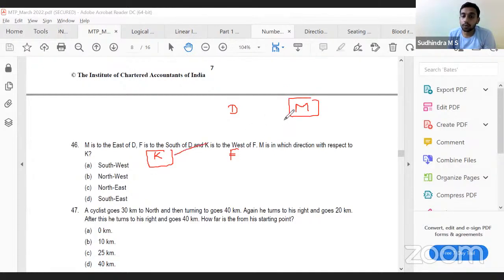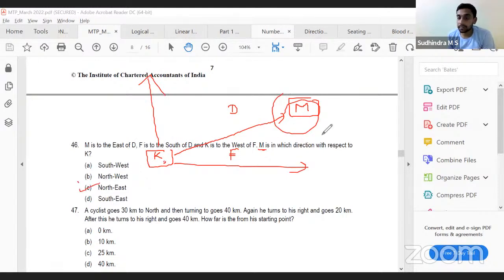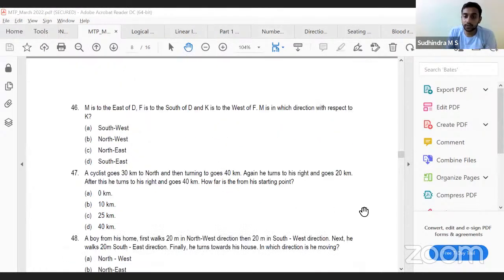M is in which direction? From K, where is M? Northeast. This is east, this is north. He is in the northeast. So northeast is the correct answer. Getting this? Yes, sir. Next one.